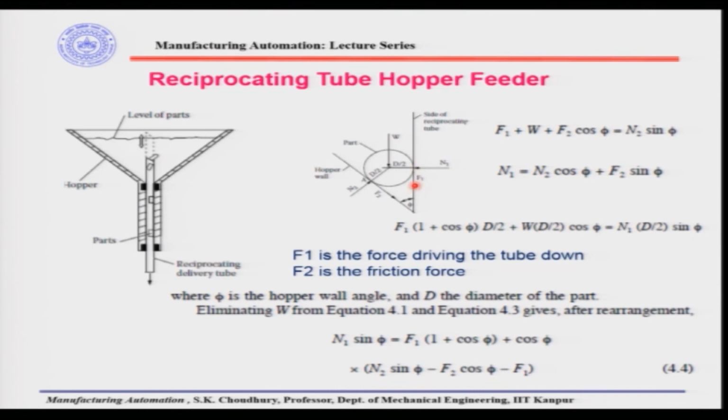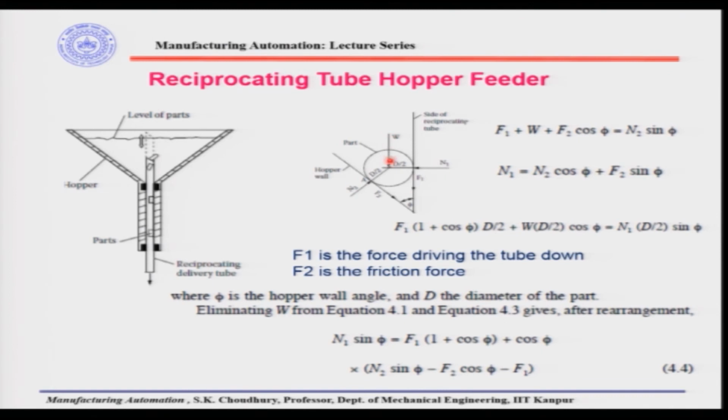F2 is the friction force, okay. Here it is written, F1 is the force driving the tube down, and F2 is the friction force because of the normal force N2 imparted on the part from the hopper wall. F1 is that force which is required to drive the reciprocating tube, okay, through the mass of the parts.